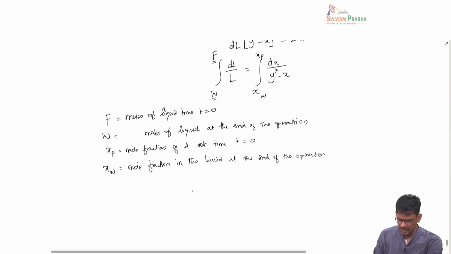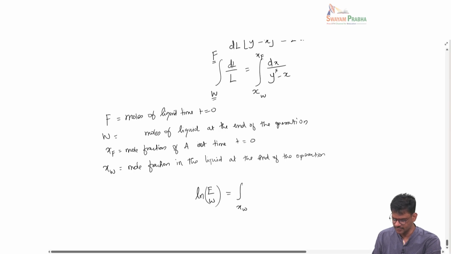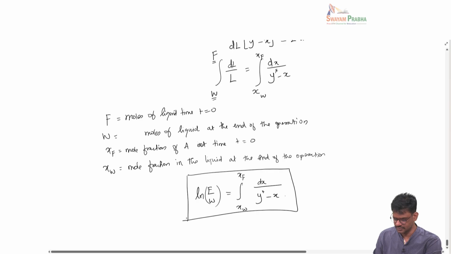So, this particular equation has a special name to it. Actually we can integrate this out, because this will be just simply ln of F by W. On the right hand side you have this integral from xW to xF of dx by y star minus x. This equation is called Rayleigh's equation.